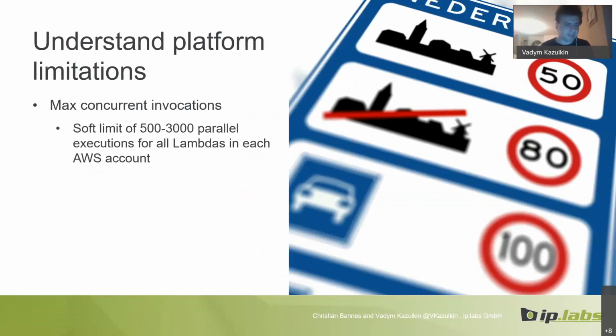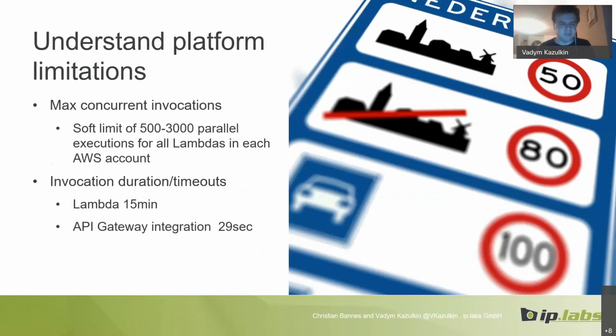You can raise it if you request this, and also other limits like invocation duration, currently 15 minutes, but tripled 2 years ago, and also API Gateway, this public HTTP traffic, it's only allowed 29 seconds. So if you have your API Gateway calling Lambda, which is generally the best practice, and Lambda may run more than 29 seconds, you will still experience the timeout.